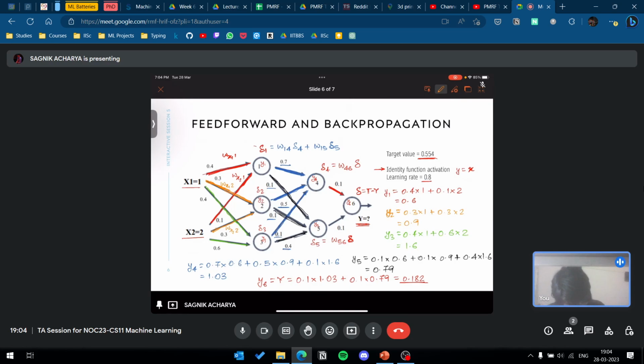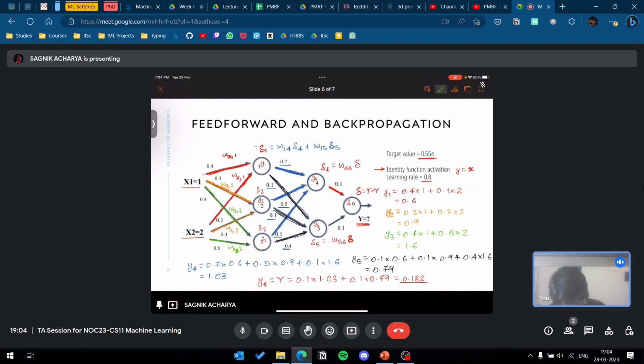Similarly for the third neuron, we have wx1 3 and wx2 3. wx1 3 is given by wx1 3 minus alpha times delta 3 times x1, and the same for wx2 3 minus alpha times delta 3 times x2, right?